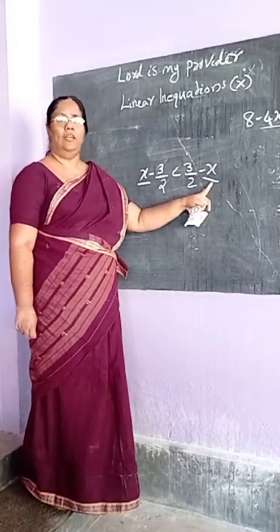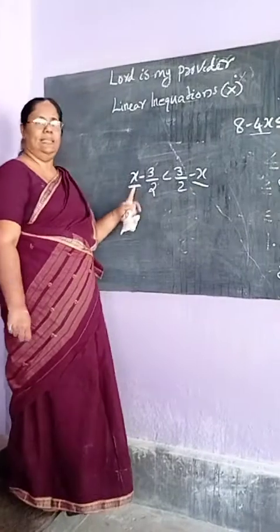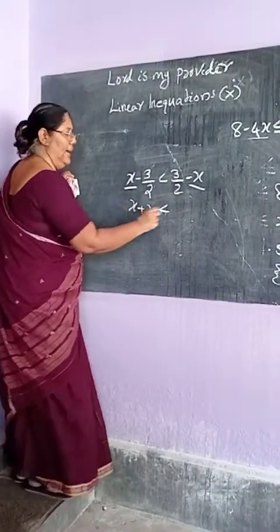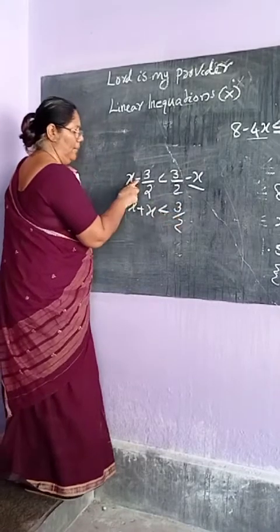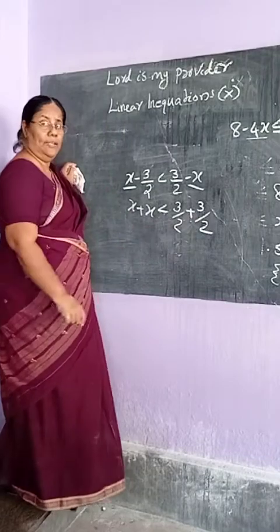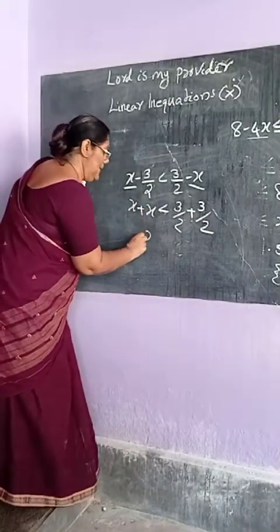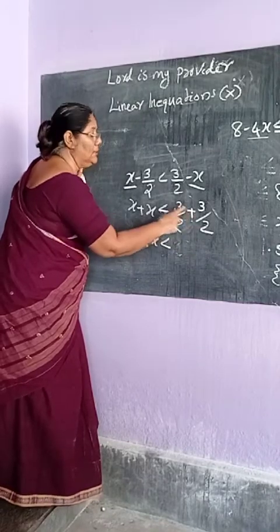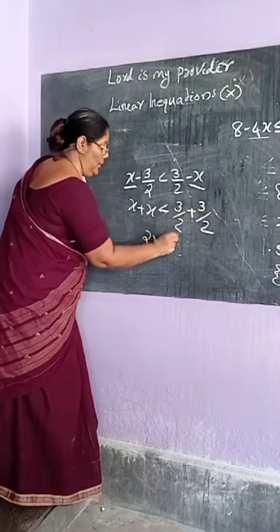Minus x is smaller, therefore we convert this minus x to this side. x plus x, less than 3 by 2 plus 3 by 2. When you convert to the other side it changes to plus 3 by 2.